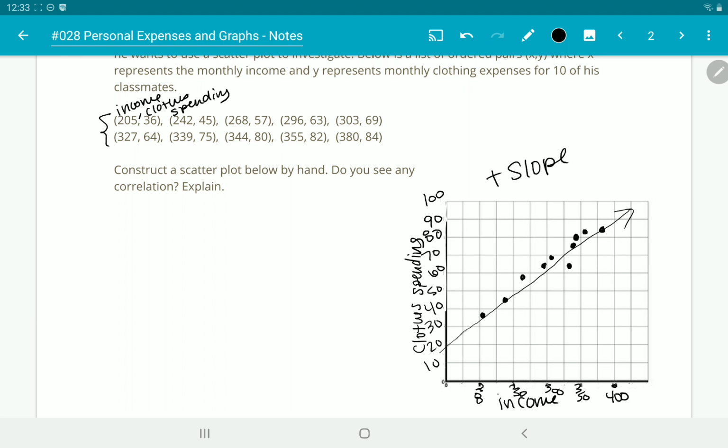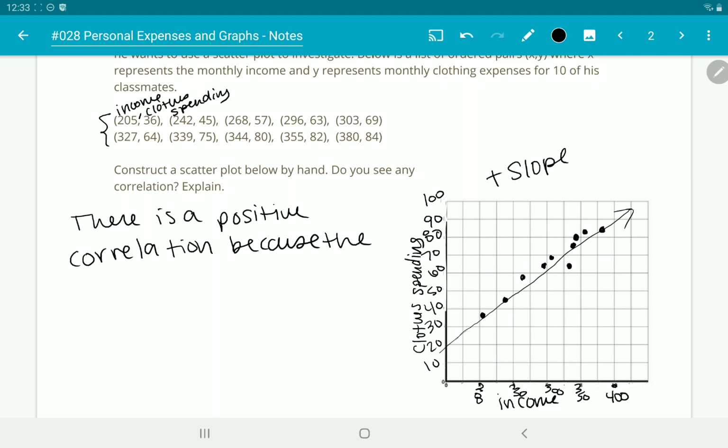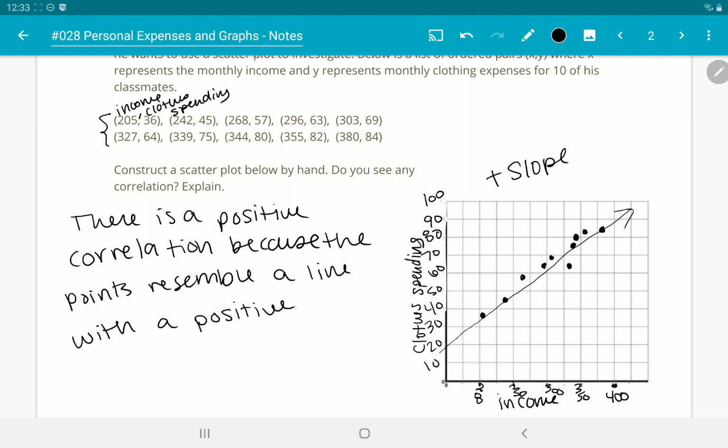Since it's got a positive slope, there is a positive correlation, because the points resemble a line with a positive slope. So because after you've graphed these, we get what looks like a line with a positive slope, we have a positive correlation.